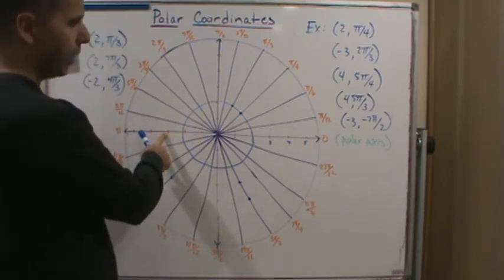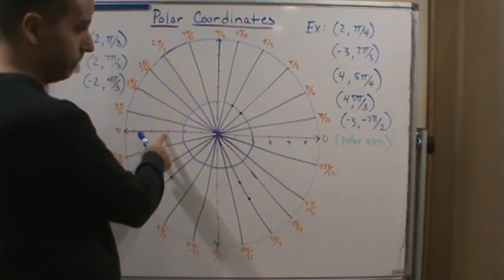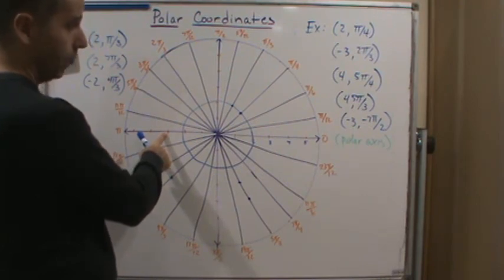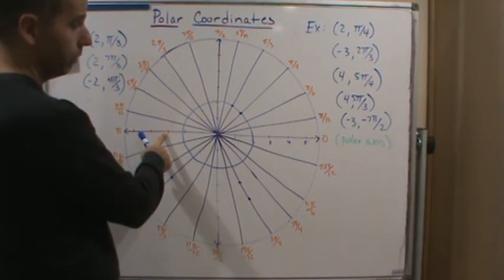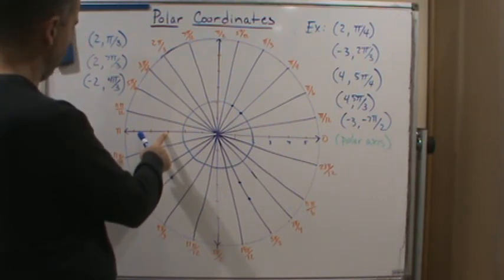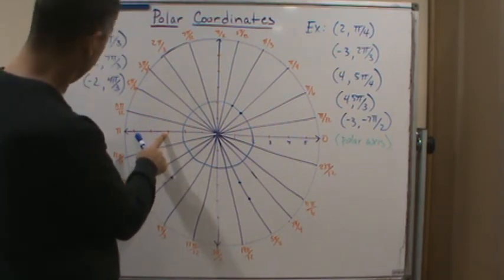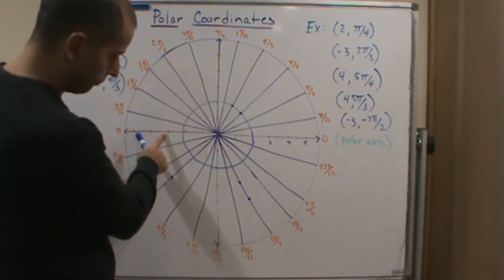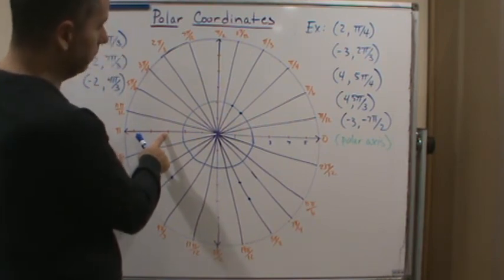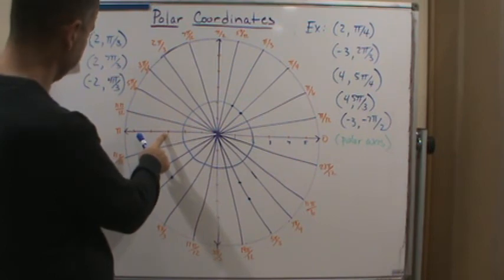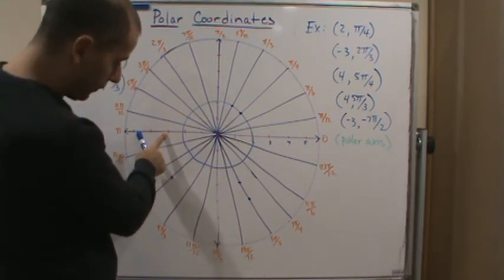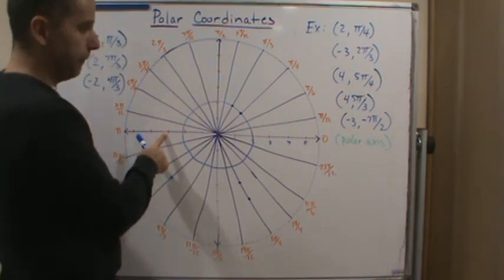Okay? So 7 pi over 2 is what? Where's 7 pi over 2? Okay, there's no 7 pi over 2, but guess what?